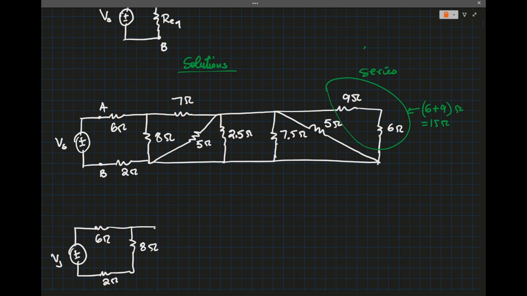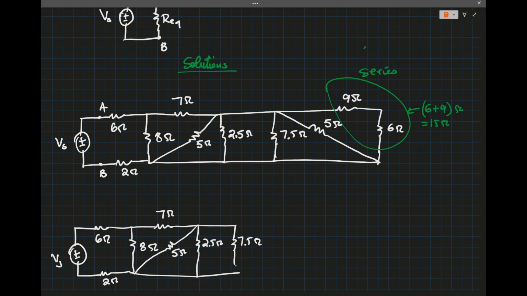Then 7 ohms, 5 ohms, 2.5 ohms, 7.5 ohms, and then 5 ohms.